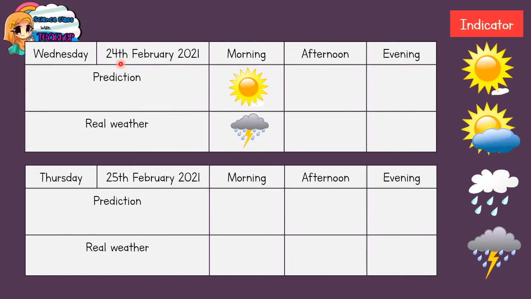This means my prediction is false. This is just an example. You do your own prediction and observe the real weather during morning, afternoon, and evening, and also the next day, Thursday.